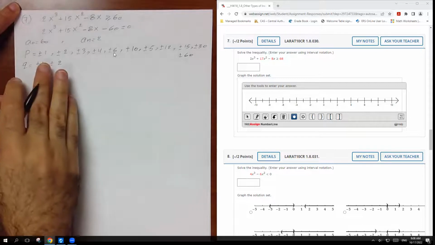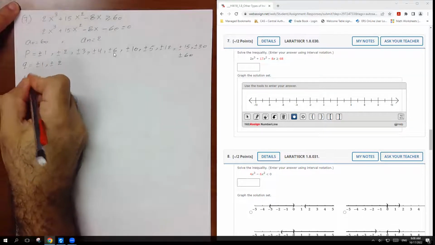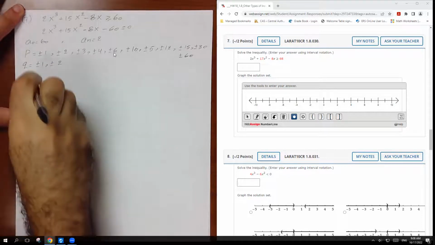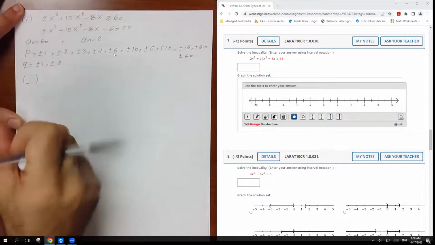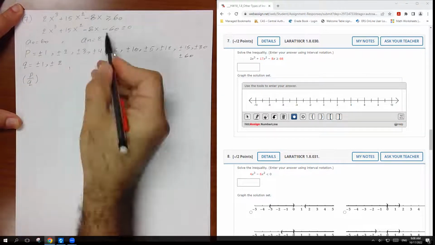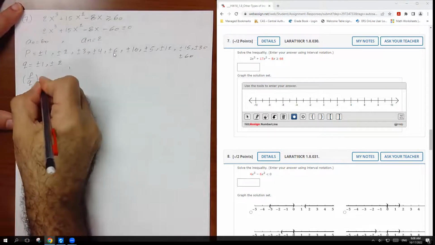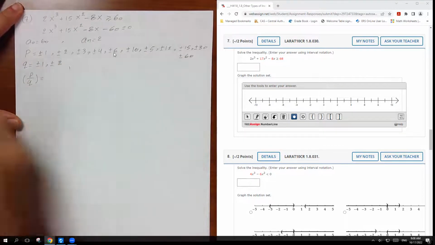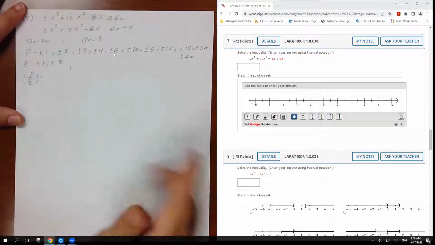Now let's find the possible zeros, which is P over Q. It's exactly what we used to be doing in the previous section, because we need to factor this polynomial. So it's going to be all these numbers over 1 and all these numbers over 2. So it's going to be a lot of possible zeros.